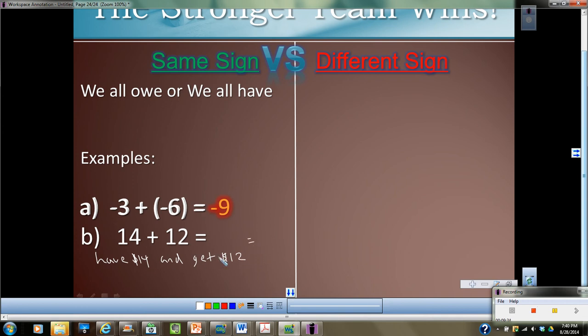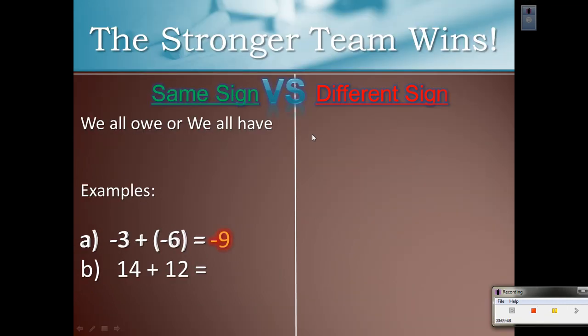Well, if I have and I have, that means I'm going to have a total of $26. Okay, because I have, so I have more. So 14 plus 12 is going to equal positive 26 because I have it.